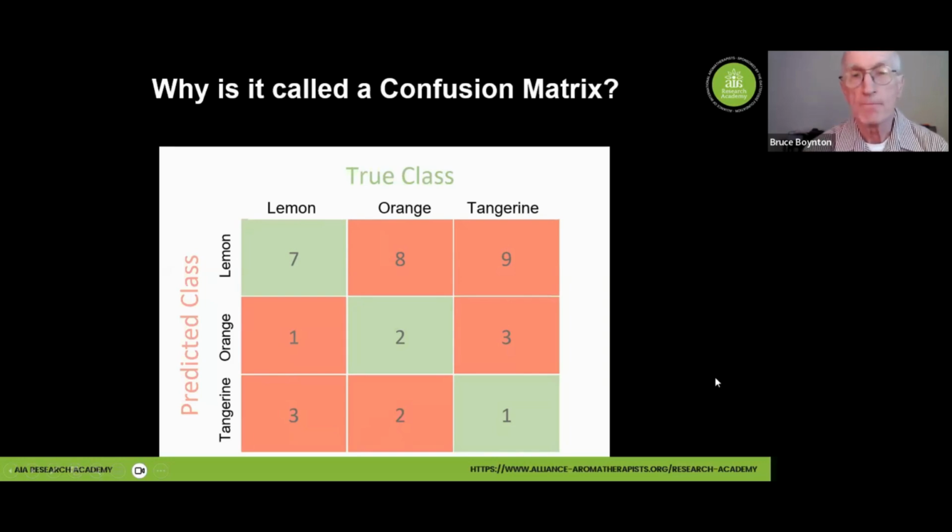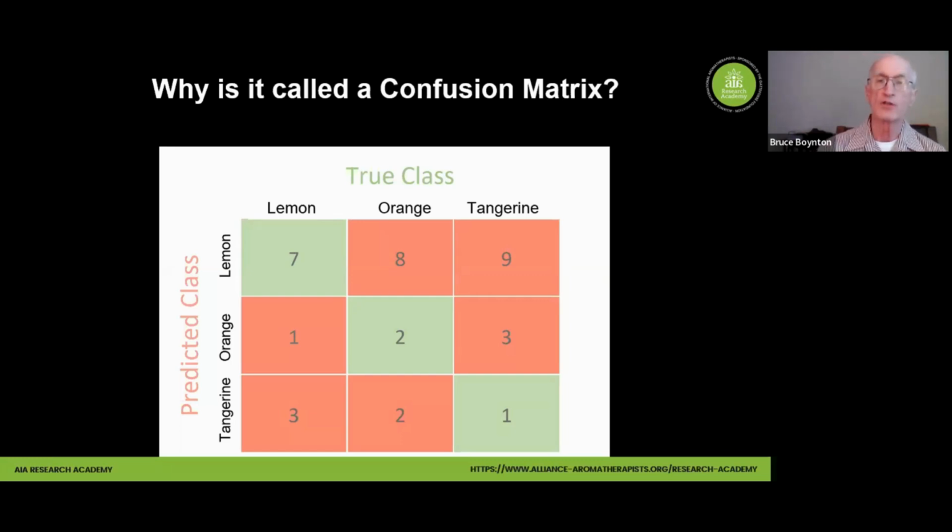Okay, imagine now a matrix with 20 rows and 20 columns. That's going to be 20 times 20, 400 boxes. And all but 20 of those boxes are going to be false positives and false negatives. So you see how you can get confused.